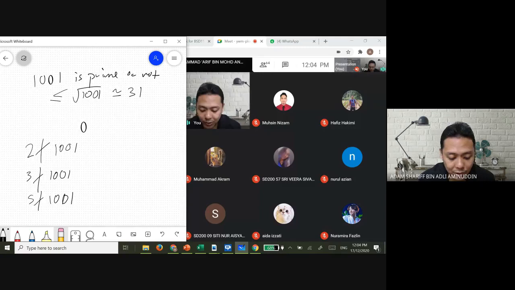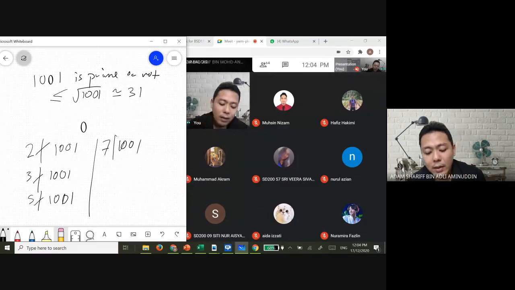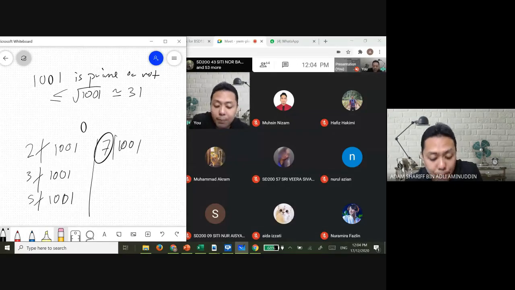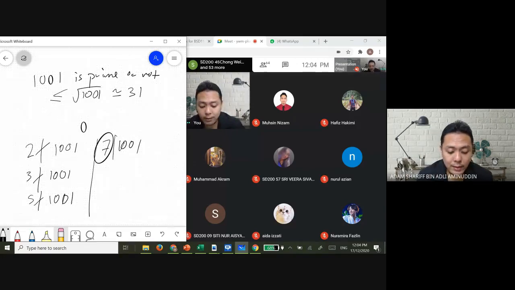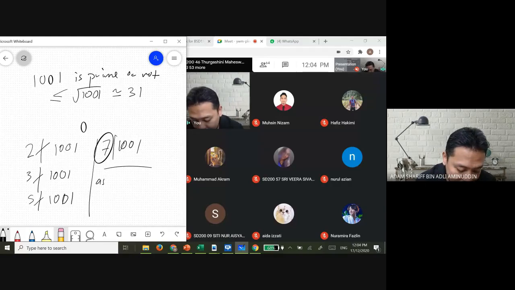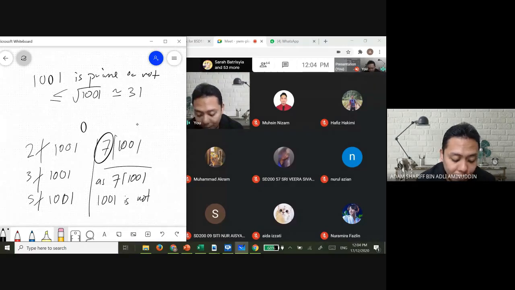And eventually you will arrive here, 7 divides 1001. So it means that 7 is a prime factor of 1001. It's enough for us to justify that as 7 divides 1001, 1001 is not prime, it is composite.